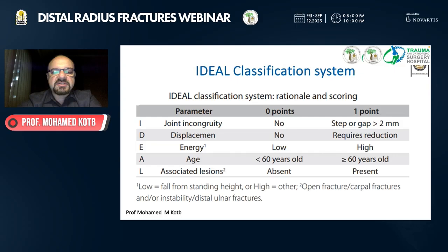The I is for joint incongruity, the D is for displacement, the E is for the energy applied in this trauma, the A for the age, and L for associated lesions. So according to the presence or absence of these categories, you can have a judgment or a rough estimation about the option you use for such a patient, either conservative or surgical.